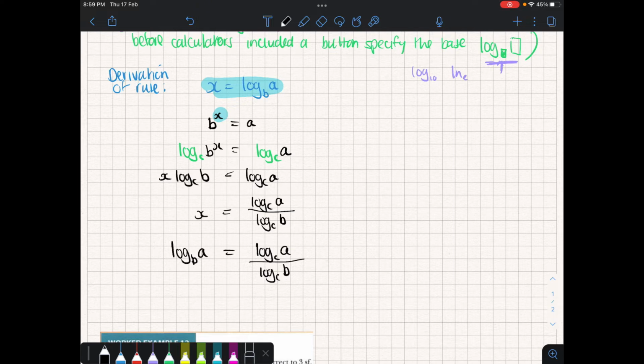So it's interesting to note where the two things have gone. The value has stayed at the top, and the base has gone down to the bottom.